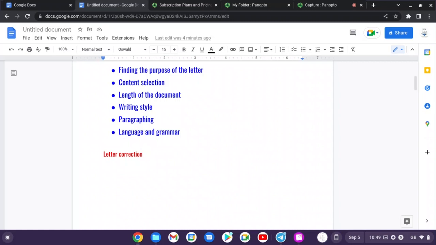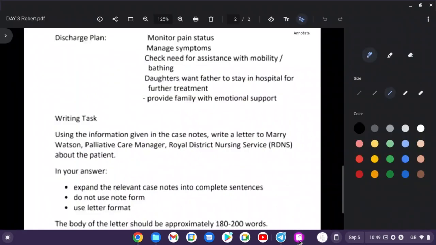Okay, so the writing task is: using the information given in the case notes, write a letter to Mary Watson, Palliative Care Manager, Royal District Nursing Service. So it is not clear from the writing task what you have to do. They just said that using the information given in the case note, write a letter to Mary Watson just about the patient.